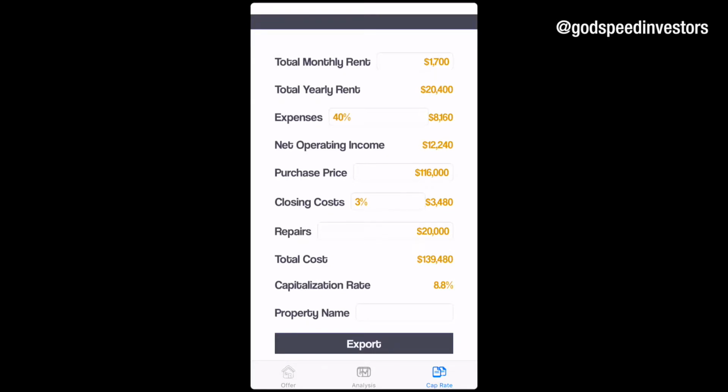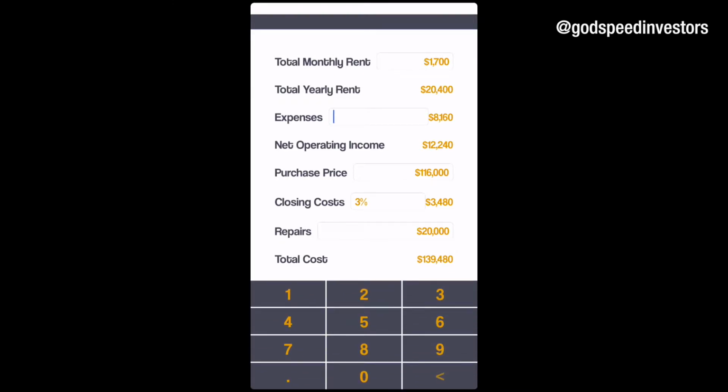So here, if it's got $1,700 in cash in monthly income, and your total rent is this much, 40% expenses. So the expenses are the taxes, the insurance, the interest, the vacancy ratio, the repairs, all that stuff is 40%. Now you can change that.